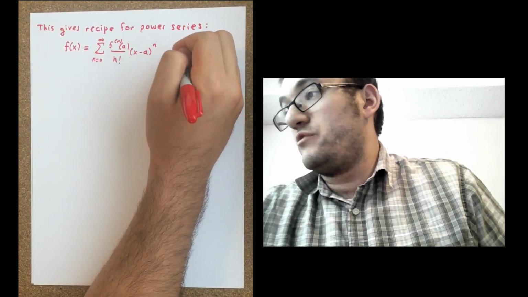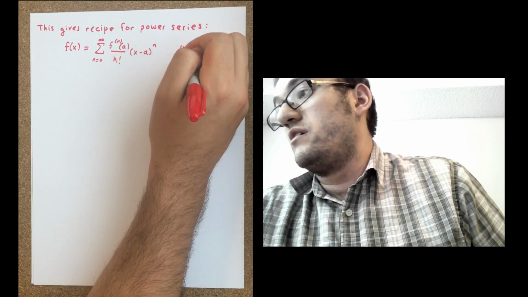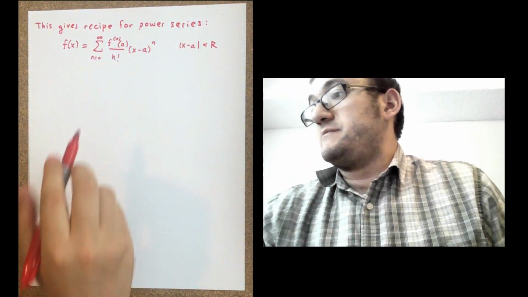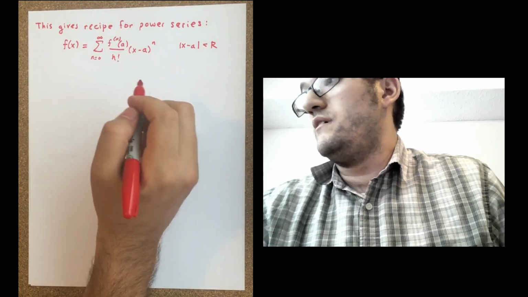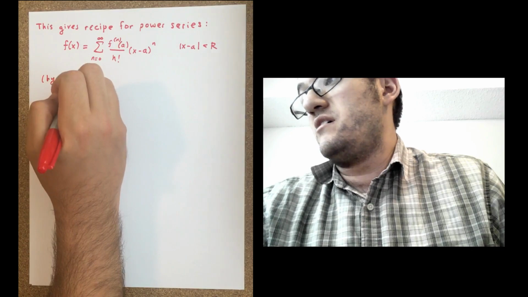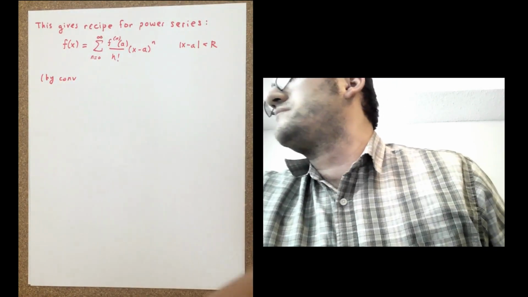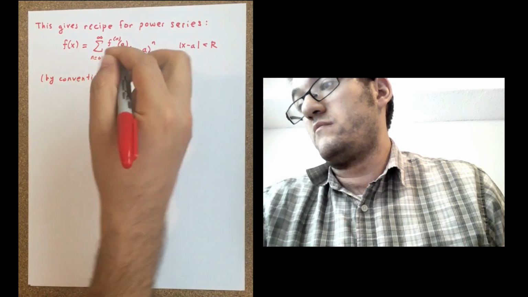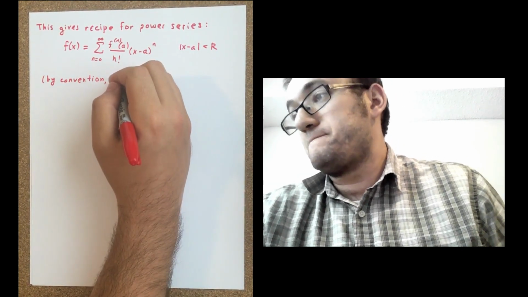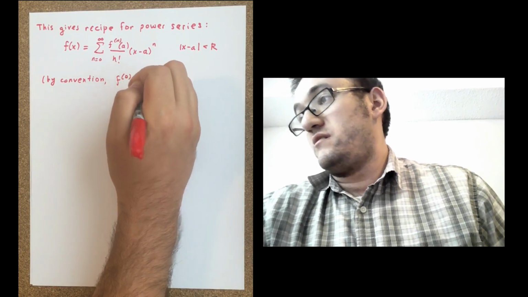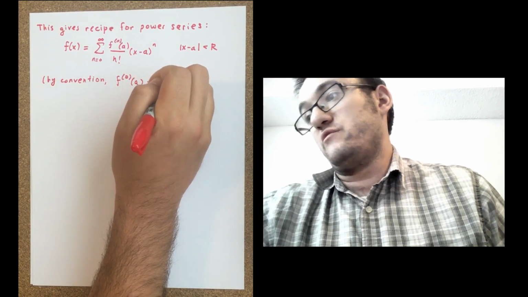And we should note here that this is true only for x within some radius of convergence, and also by convention the 0th derivative of a function at a is just equal to the value of the function at a.